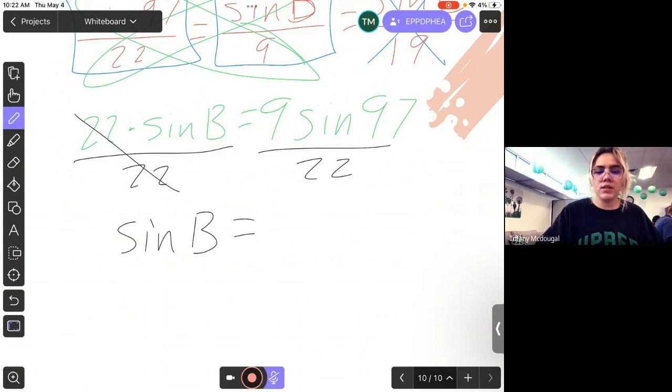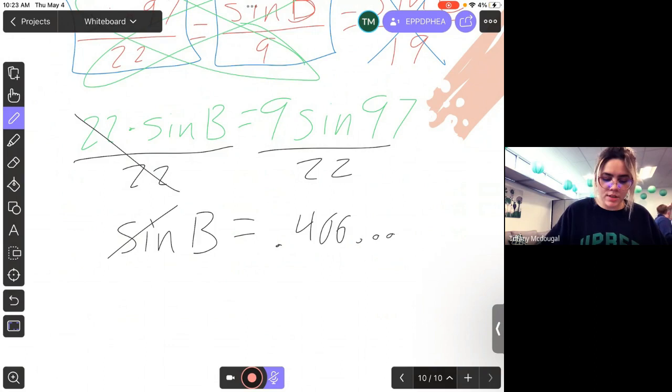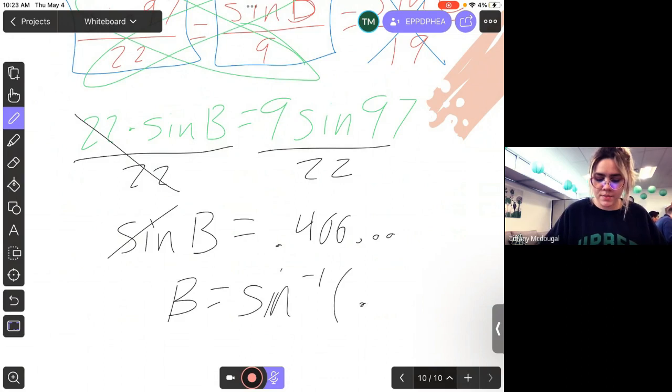9 sine 97 divided by 22 is 0.406 continuous. I don't want to write out the whole decimal. And in order to cancel out sine, I'll need to take the inverse sine of the other side.